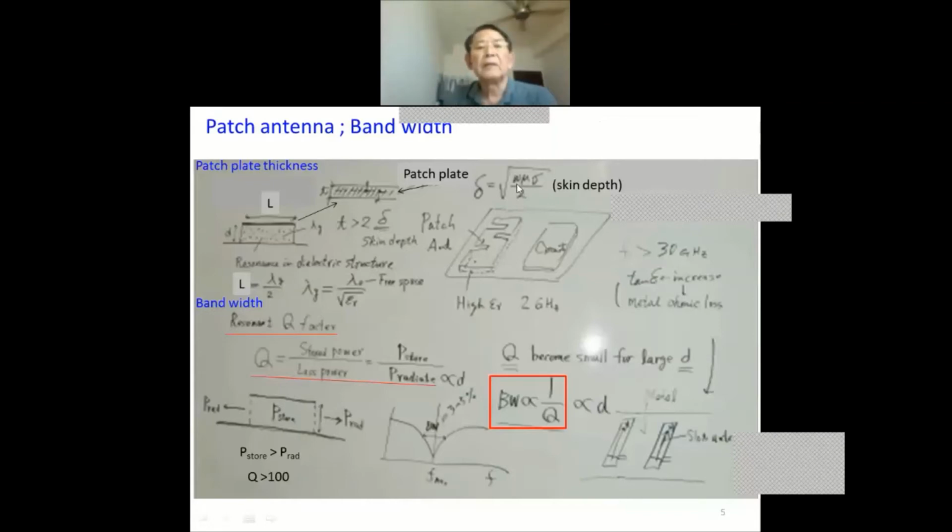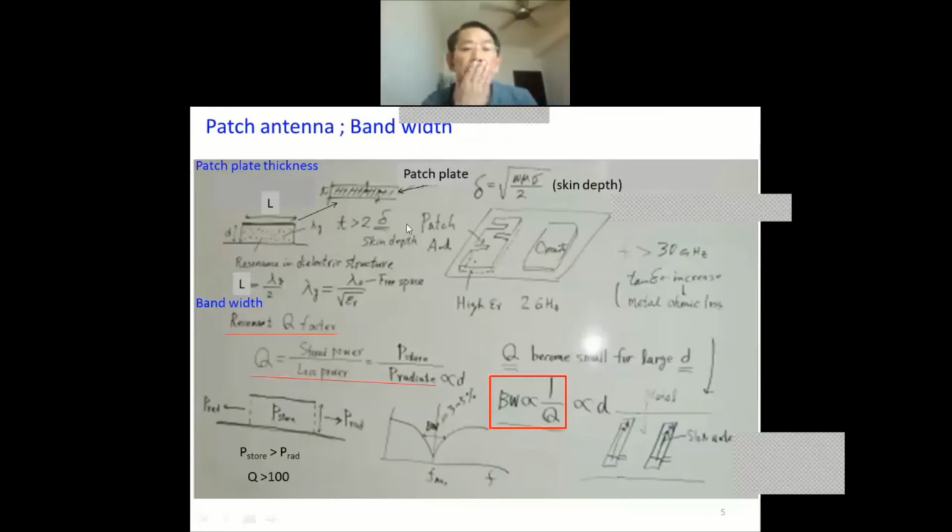So if frequency becomes higher, omega is 2 pi f, so delta becomes smaller.